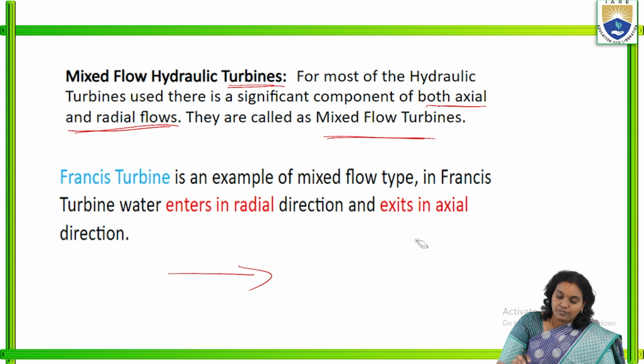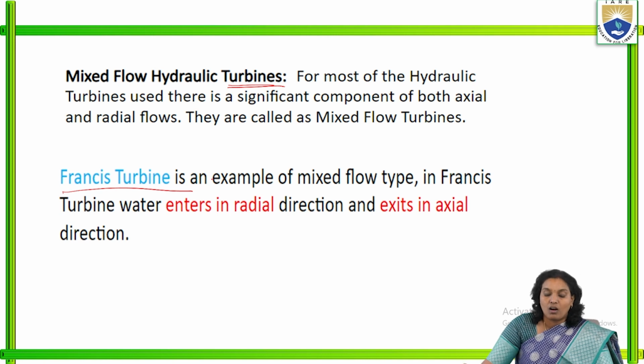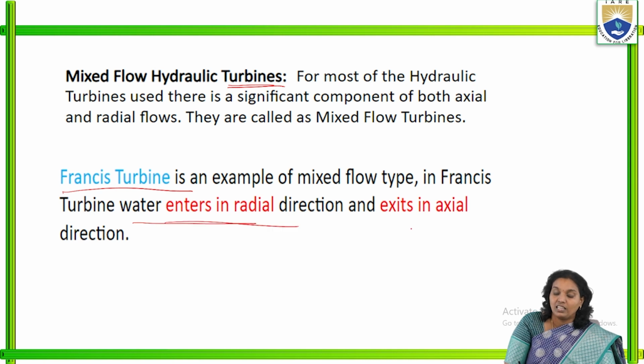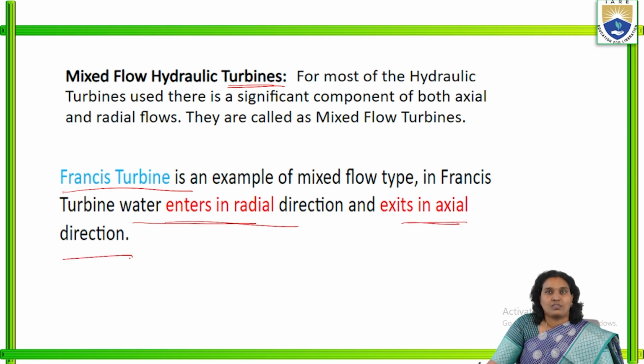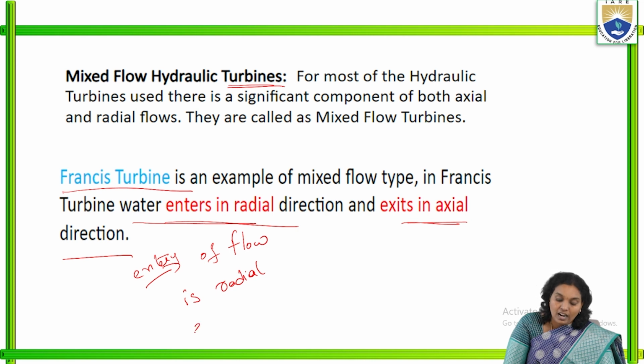Coming to these mixed flow turbines, the Francis turbine is an example of mixed flow type. In the Francis turbine, water enters in the radial direction and exits in the axial direction. The entry of flow is radial and the exit of flow is axial.